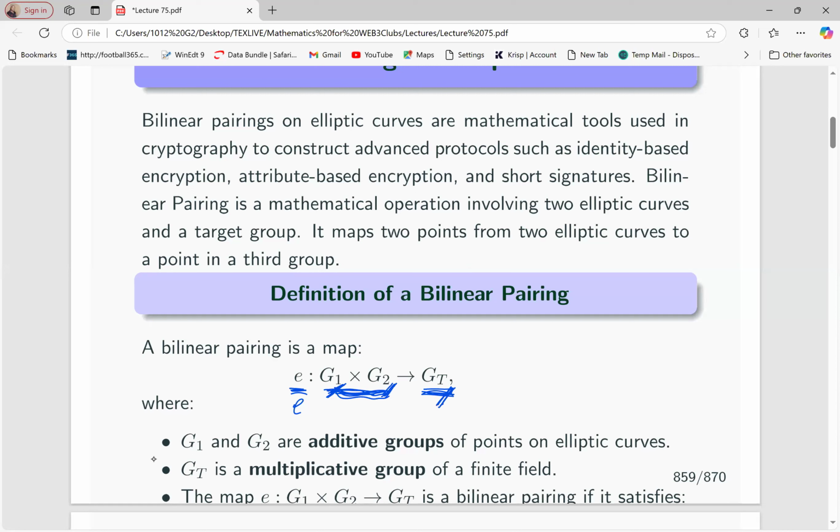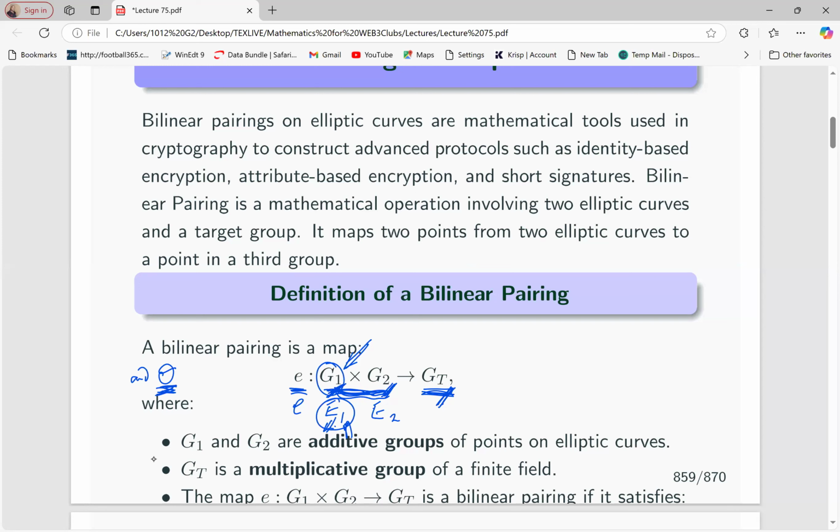I just want again to remind you, we had three elliptic curves. This elliptic curve had points, and apart from those points, it also has the identity element. So the points of this elliptic curve, together with the identity element, which we call the point at infinity, form a group.